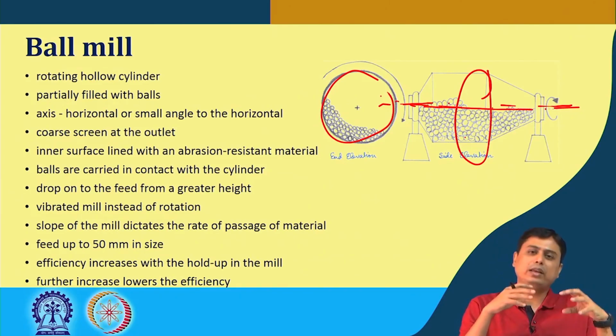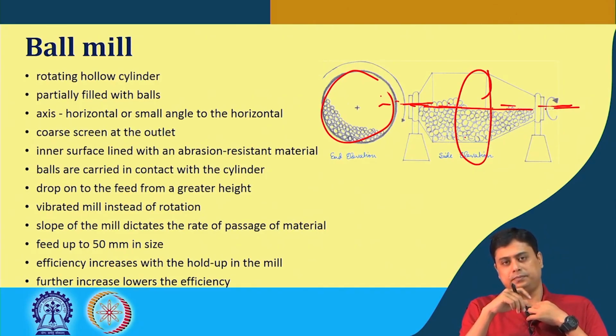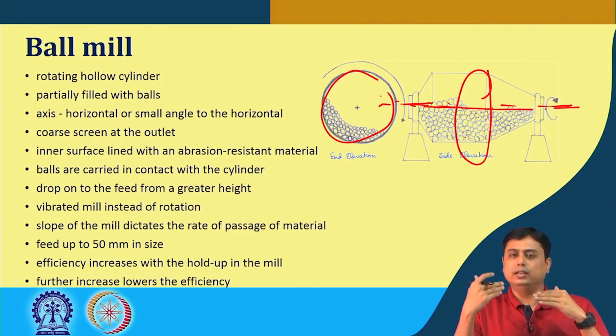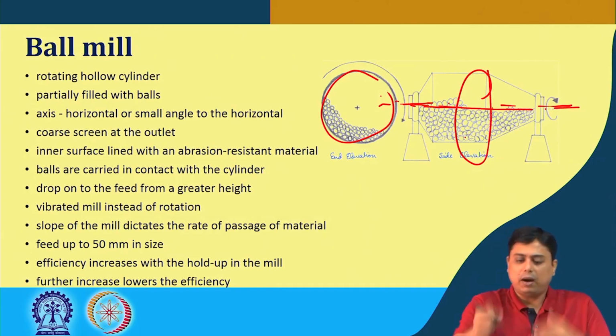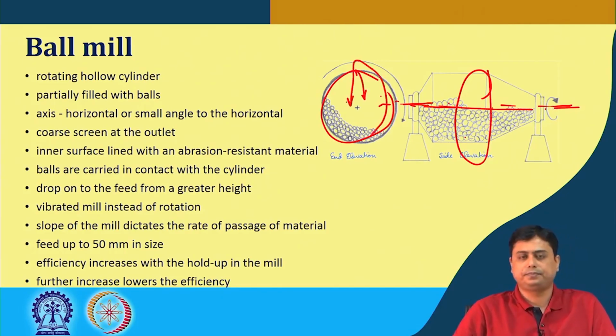Now, if you increase the feed throughput more than that, then the efficiency decreases. Because we will see that if we increase this level of feed, the ball has to effectively fall on the particles.